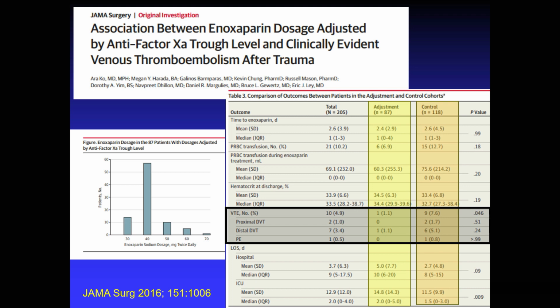73 of the 87 study patients, or 84%, required some dose adjustment, and 57 of those 87, or 65%, stabilized at 40 milligrams BID. The adjustment group, in regards to outcomes, had a lower VTE rate at 1.1% versus 7.6% in the non-study group.